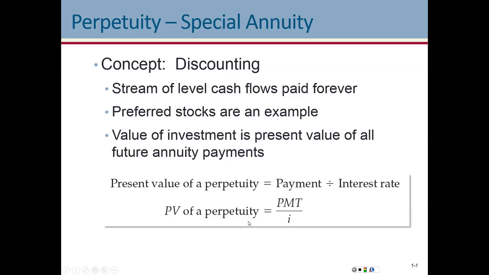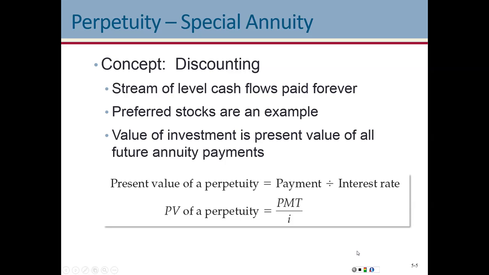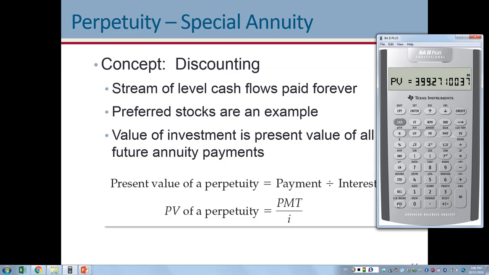The present value of a perpetuity is equal to the payment divided by the interest rate. So let's say in the previous example, what if we receive $100 forever, and the interest rate, let's say, is 6%, so 0.06.